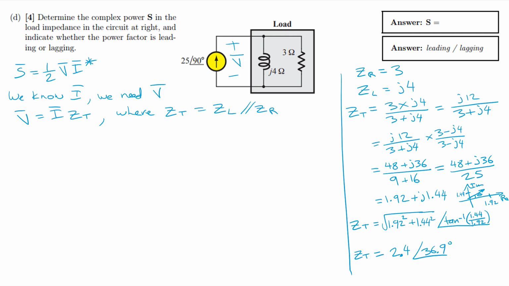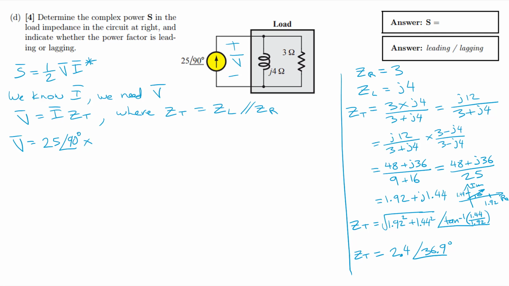So we've got voltage phasor being equal to the current phasor. That is 25, that's given right on the diagram, 25 at a phase angle of 90 degrees. And then multiplied by this complex impedance.